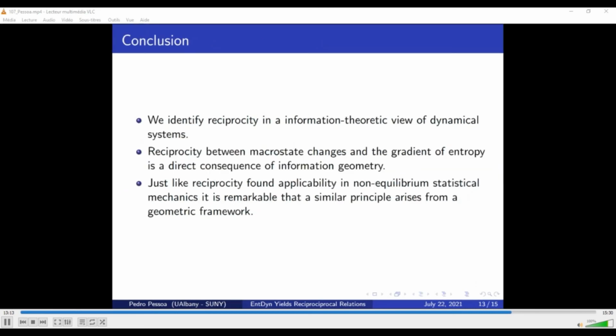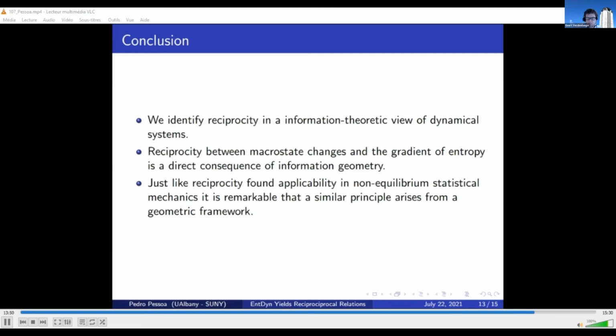Now, in conclusion, we see that we identified the entropic dynamics reciprocity as a consequence of maximal entropy, as entropic dynamics derives a dynamical process from information theory. This reciprocity, meaning the fact that the proportionality terms are symmetric, is because in entropic dynamics they are just the information metric.